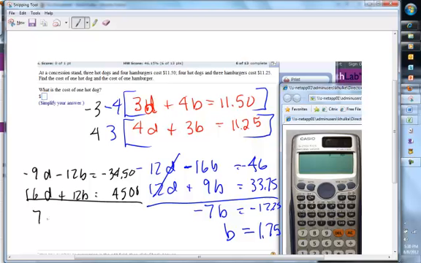And we get 7D is 45 minus 34.50, which is 10.50. So a hot dog costs $1.50.